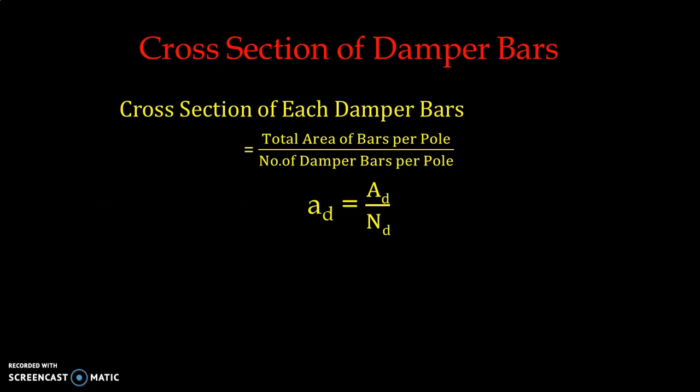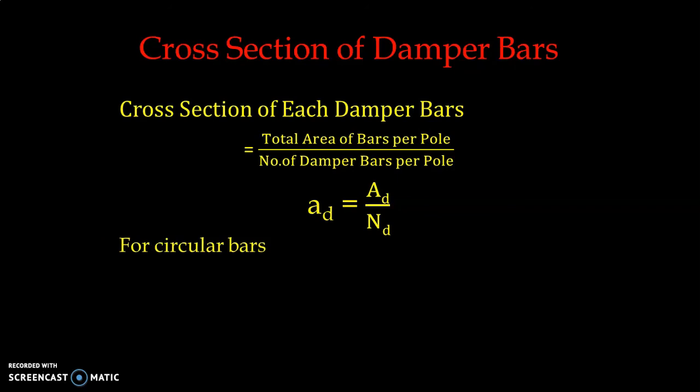So AD, small a, is for the cross section area, and D is for damper bar. For each individual damper bar we have the area of cross section AD divided by ND, where AD is the total area of bar per pole and ND is the number of damper bars per pole. So from this equation we can calculate the cross section area of each damper bar.